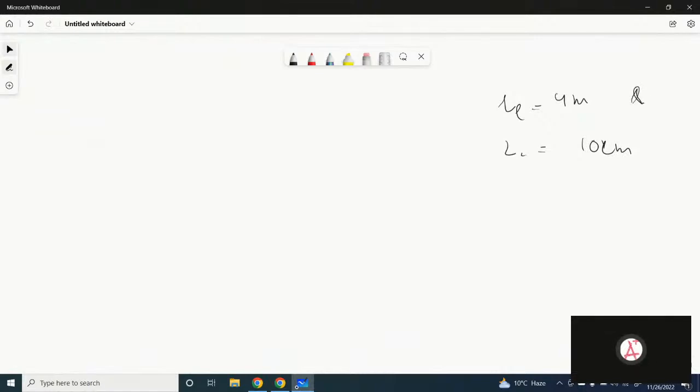For the smaller one, the radius is 2 centimeters, and you have to find the Z.